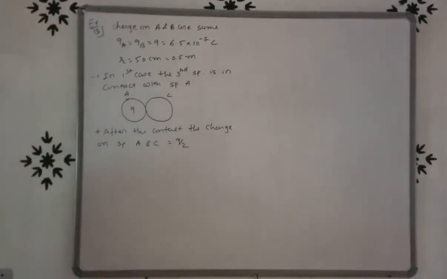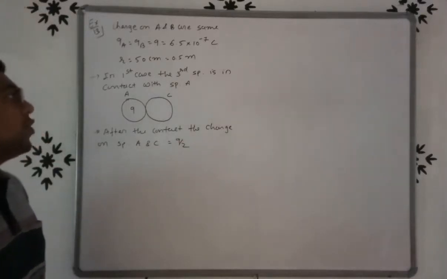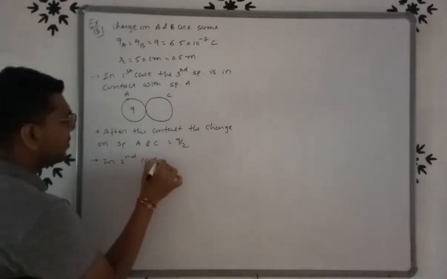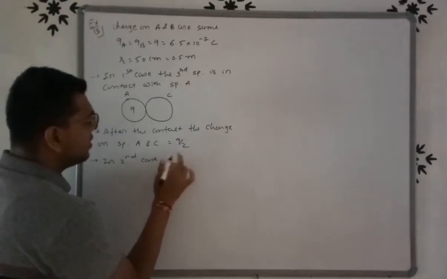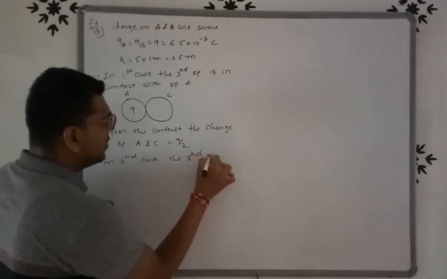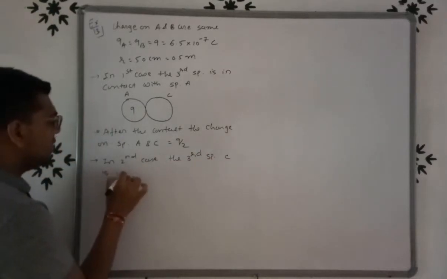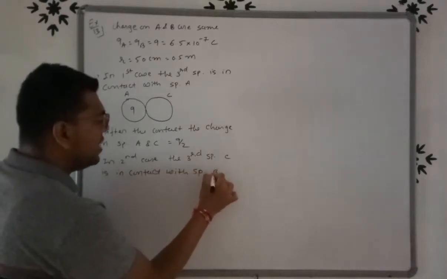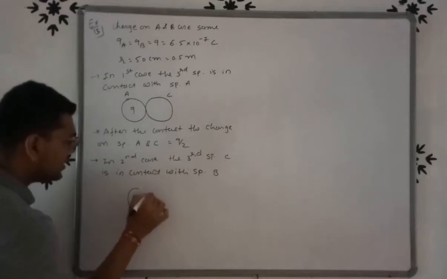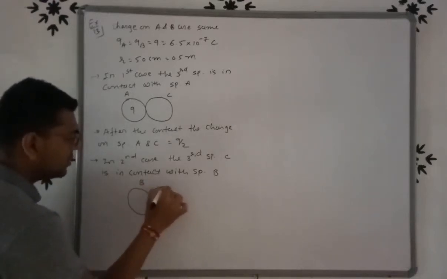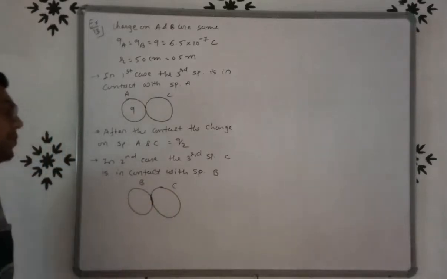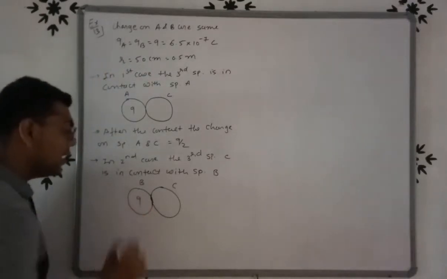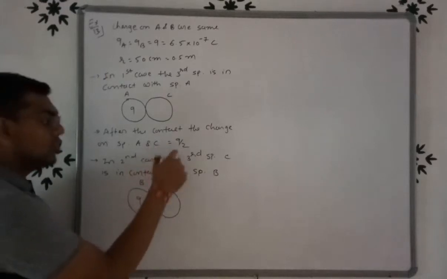Now in the second case the third sphere C is brought into contact with sphere B. This is sphere B and this is sphere C. We know the charge on sphere B is QB is equal to Q, and the charge on sphere C is Q by 2.